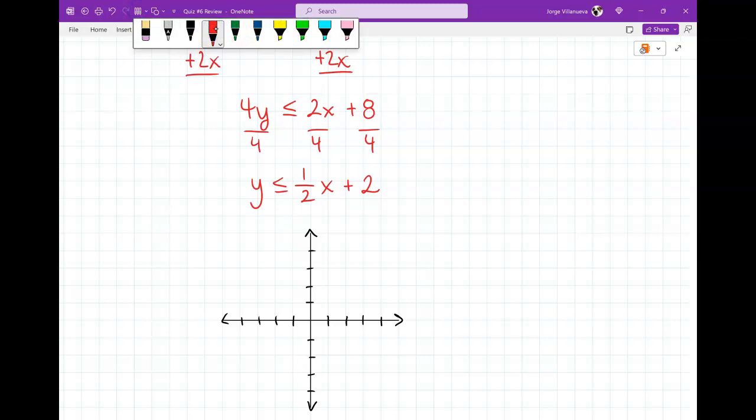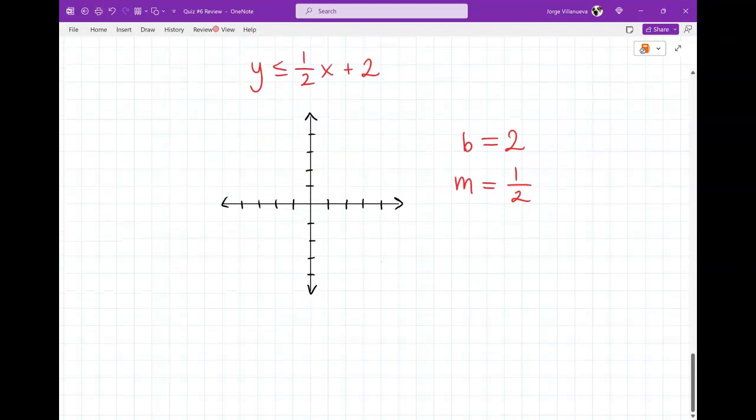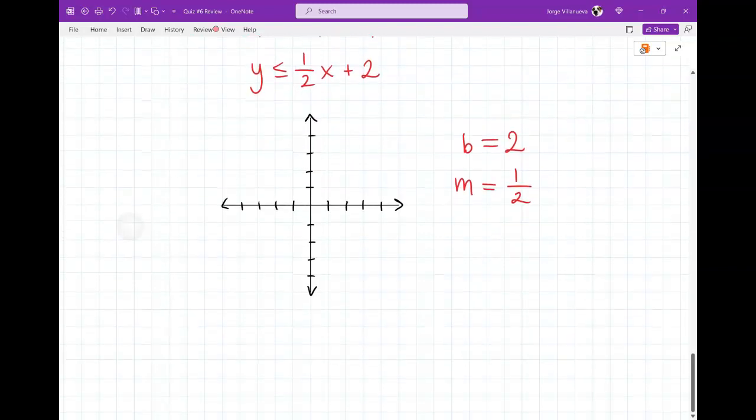What's my y-intercept? 2, thank you. What is my slope? 1/2. You don't have to write that if you don't want to. I'm just leaving it there for reference. Remember, you begin at 2 on the y-axis. I'm going to go to 2 on the y-axis. There it is. According to my slope, I go up once, twice to the right.